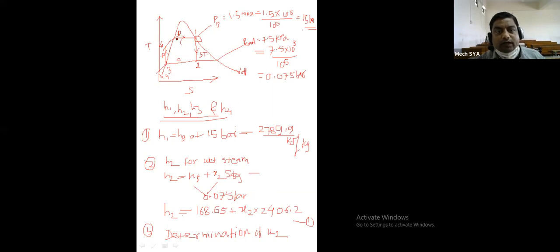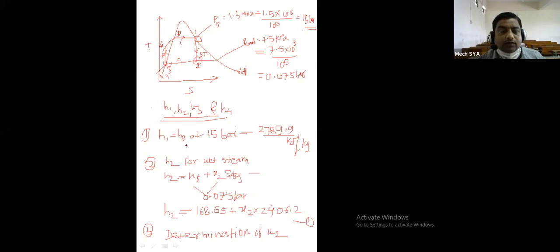Considering the Rankine cycle polygon 1, 2, 3, 4, 1, we want to calculate the enthalpies H1, H2, H3, and H4. Accordingly, we have started, and we have to use the steam table also.